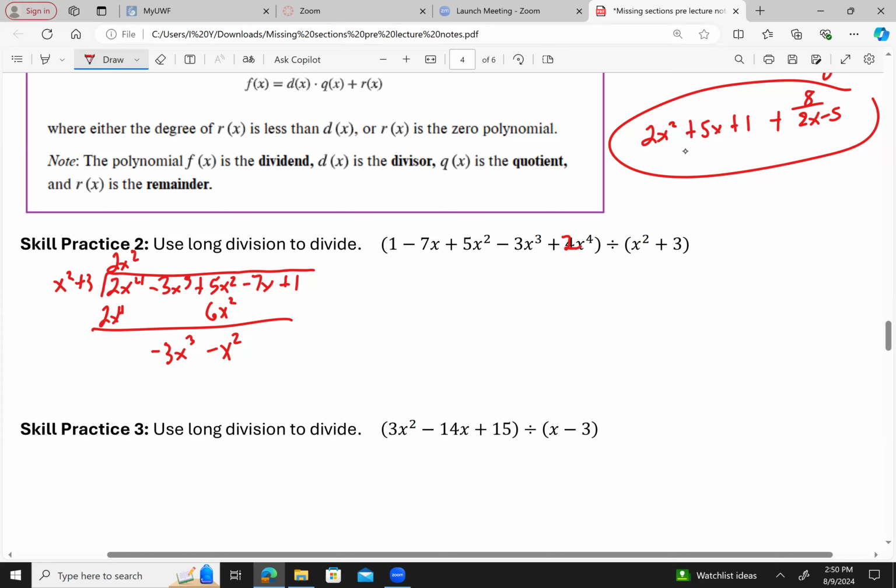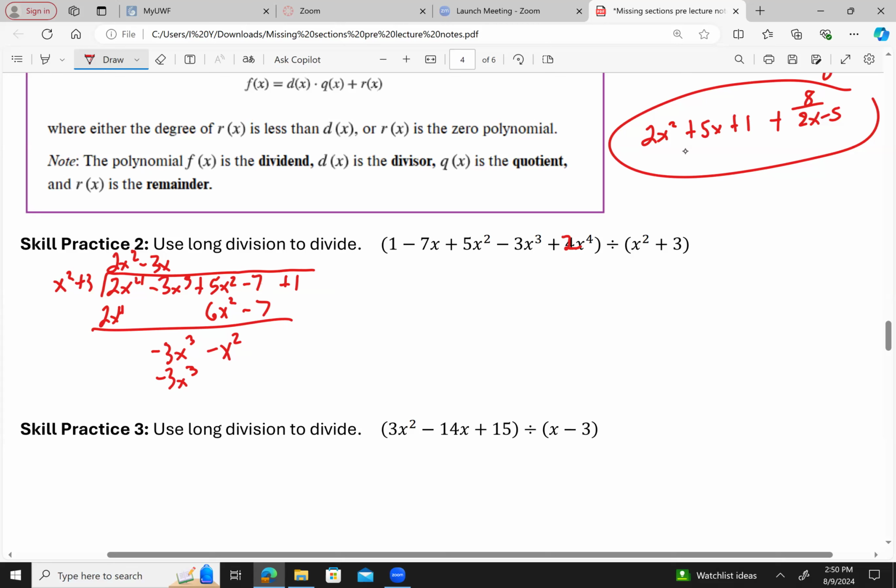Okay, x squared times negative 3x gives me minus 3x cubed. Then negative 3x times 3 gives me minus 9x. So I need to bring down this minus 7x here as well.